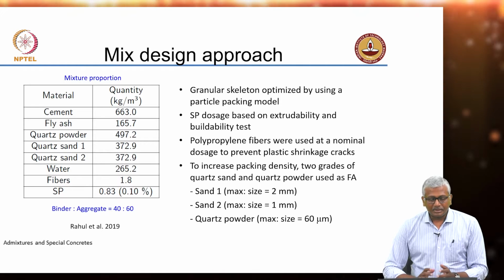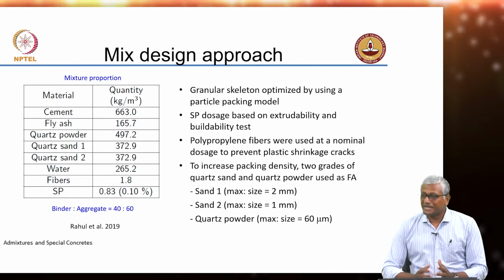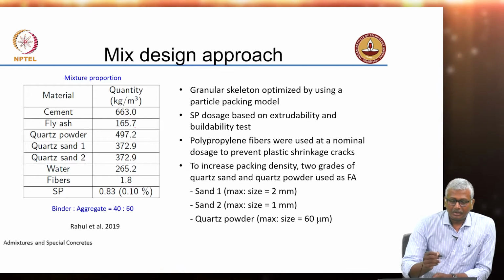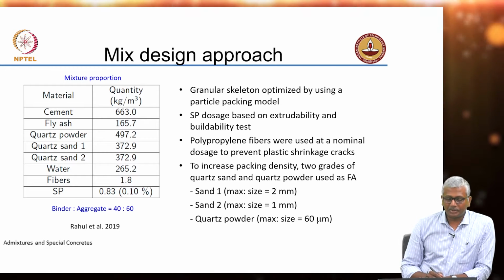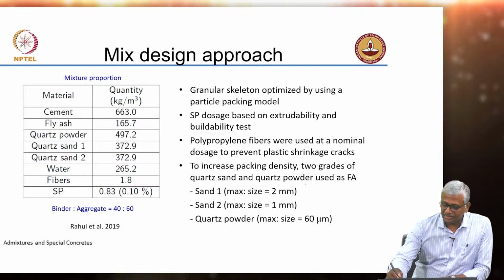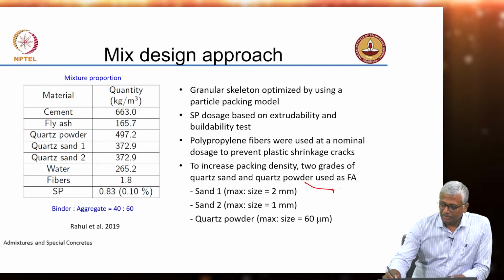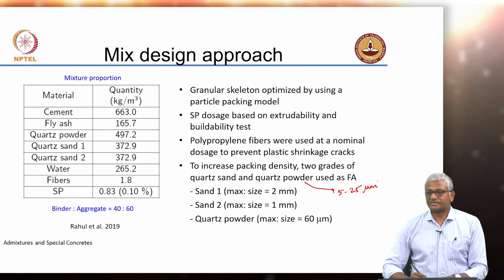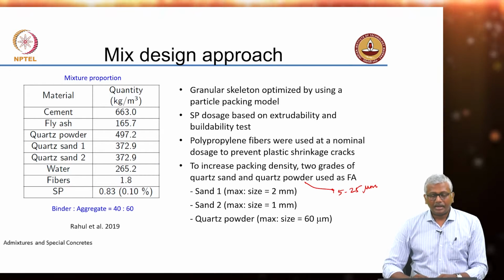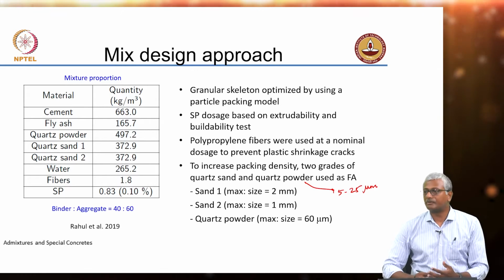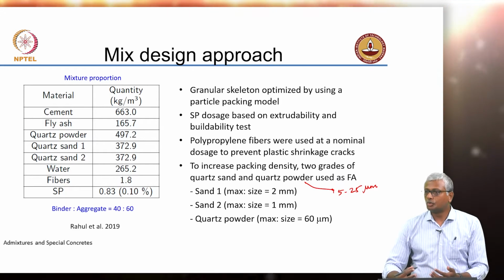So the actual mix design that was used for the base mix involved 660 kilograms of cement, about 160 fly ash, and quartz powder was used as a filler. Basically, quartz powder was between 5 and 25 microns, essentially a very fine filler. And in terms of the coarse aggregate, we didn't have anything beyond 2 millimeters.